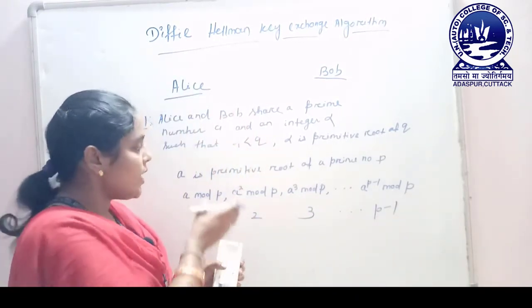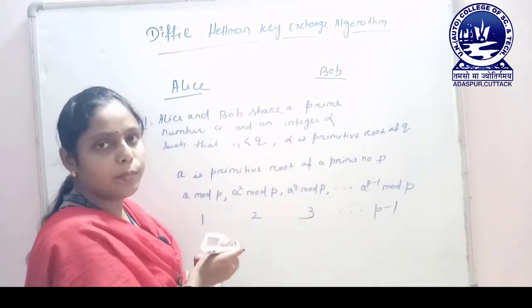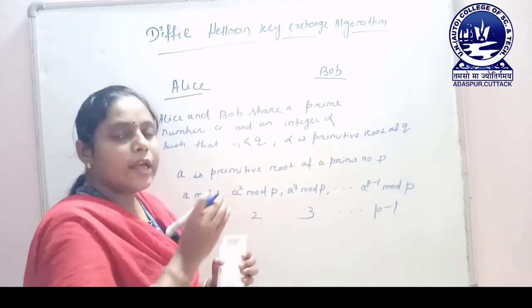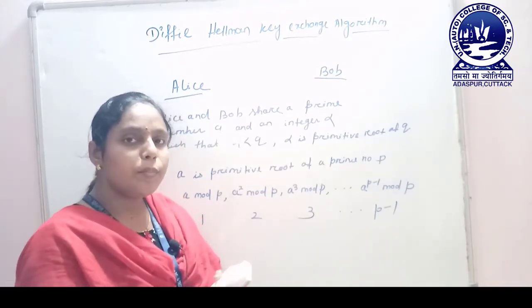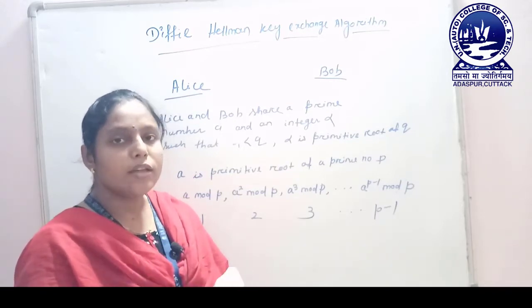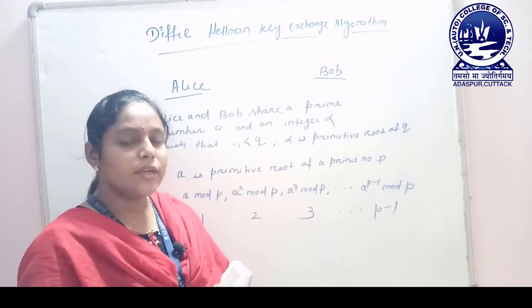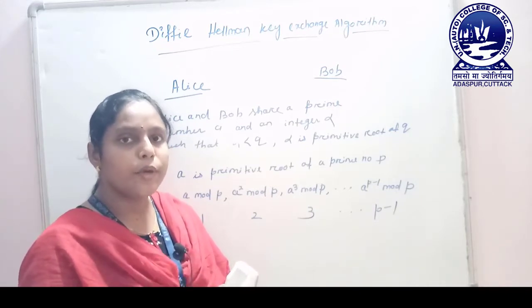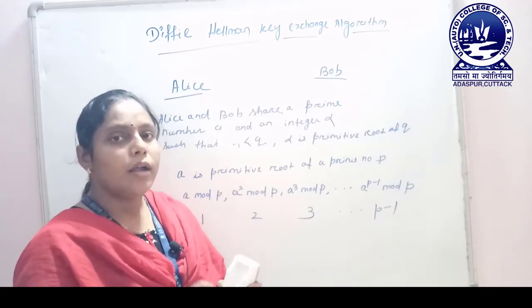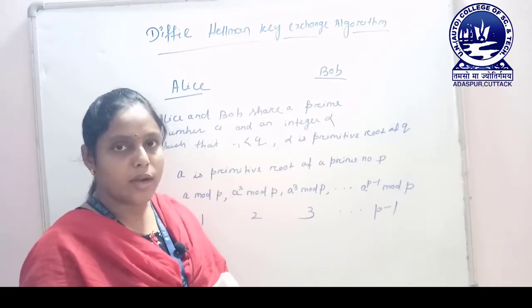Then we can say that A is a primitive root of the prime number P, which means the powers of the primitive root mod P give the integers from 1 to P minus 1.